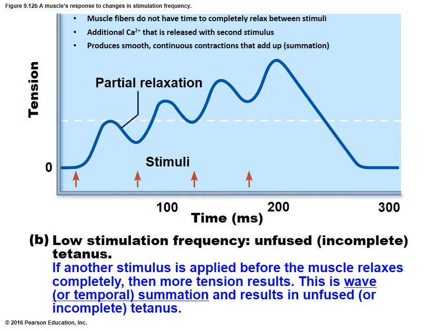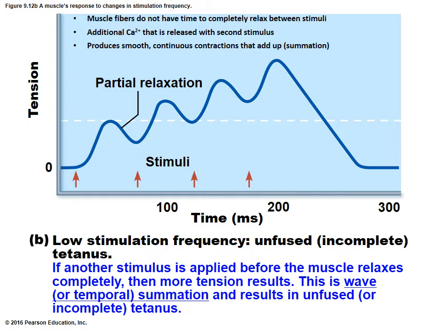And what we see happening is that the contraction strength, or the contraction tension, increases more than it did the first time. And we see that same pathway follow, that the muscle will partially start to relax after the second stimulus. The third stimulus comes in and it generates even more tension for that muscle. So you have what we like to call a wave or temporal summation that you're seeing.